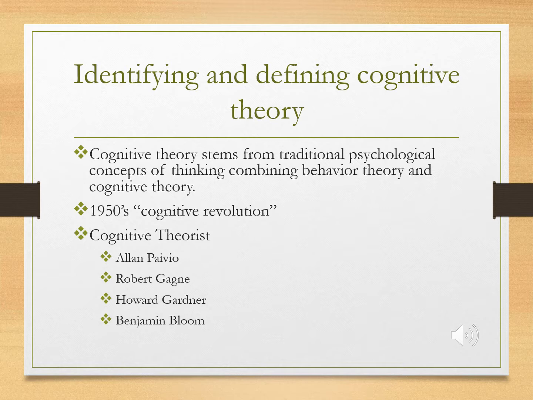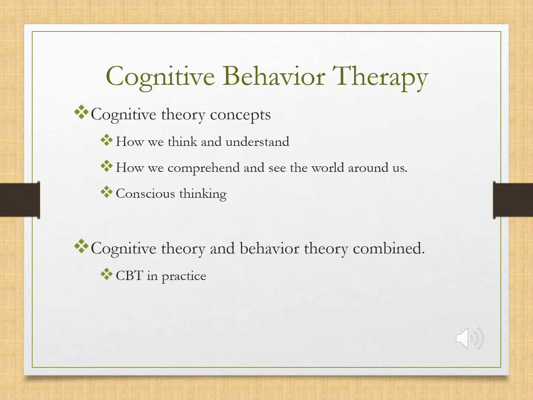So basically, these theorists are helping behaviorists to understand the levels of thinking and processing that an individual has, as we are all individuals. As stated previously, cognitive theory and behavior theory are combined.